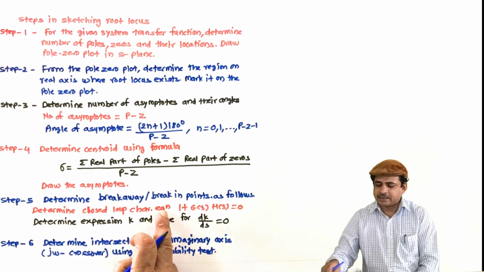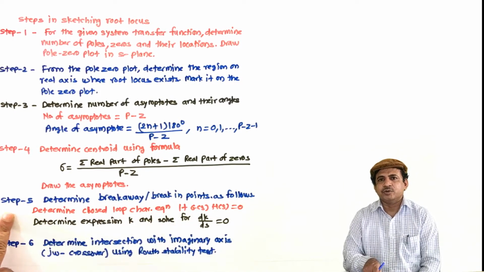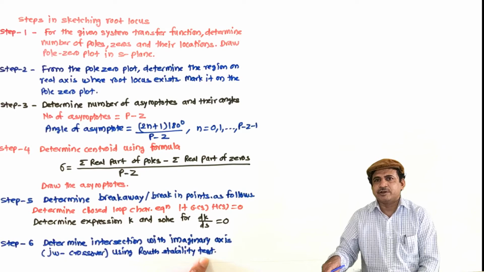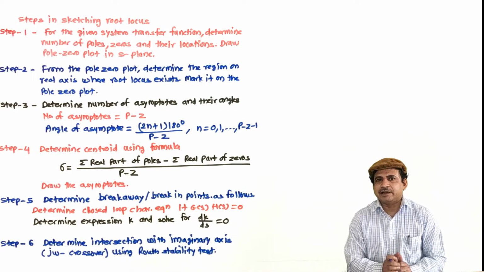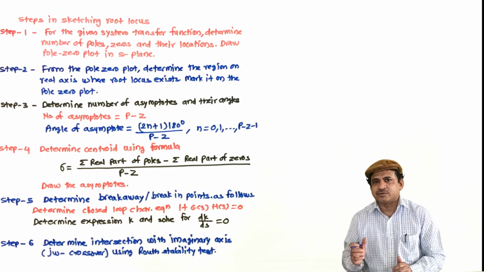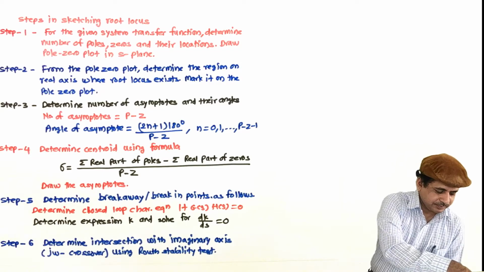The characteristic equation obtained in step 5 is used here with the Routh stability test to find the frequency of oscillation at k marginal, and that is nothing but the intersection with the imaginary axis.